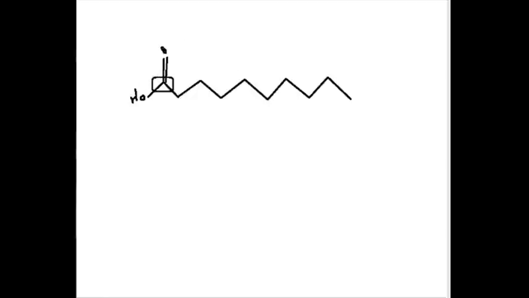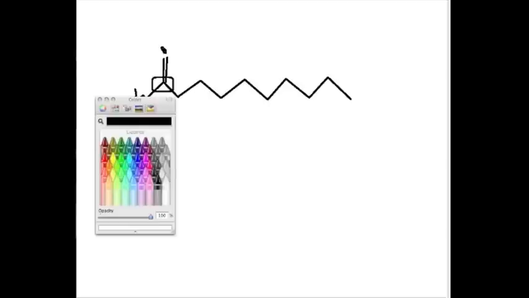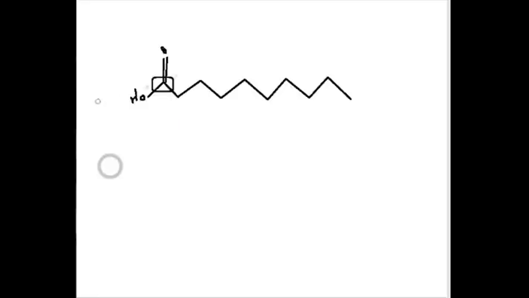So here we have this one. There's a bunch of different kinds of nomenclature. The first is colon nomenclature, which is also combined with delta nomenclature. The first thing you'd want to do is just count. So we have 1, 2, 3, 4, 5, 6, 7, 8, 9, and 10 carbons there.